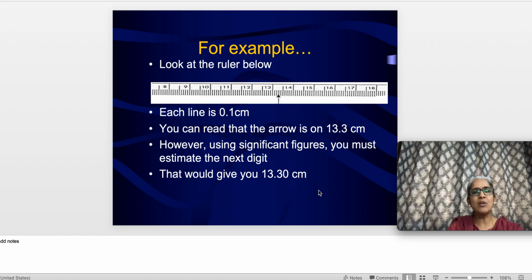However, if the arrow was slightly to the right or left of 13.3, you have to estimate the next digit after 3, correct? And that's your estimate, and those many significant digits will be present. For example, if it is exactly 13.3, then you will say 13.30. So you add one more digit to how much you can accurately measure.